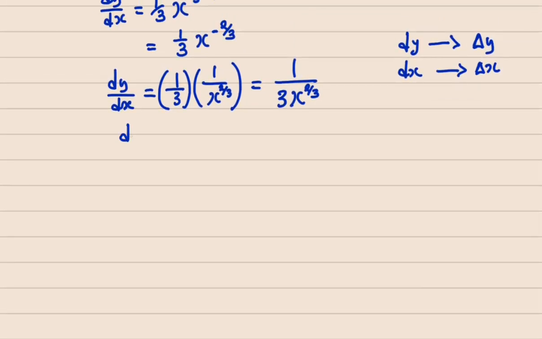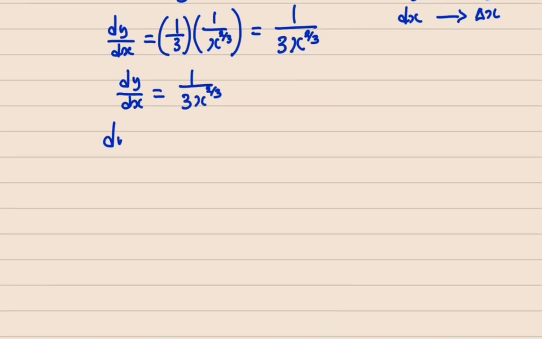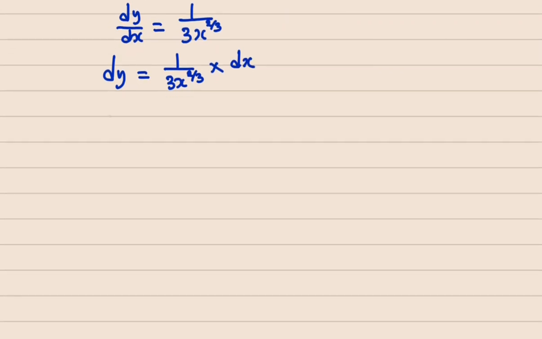Now, since our dy by dx is 1 all over 3 x raised to power 2 by 3, cross multiplying, we are going to end up with delta y, or dy, will be 1 all over 3 x raised to power 2 by 3 times delta x, or dx.